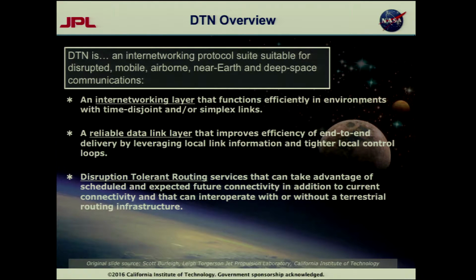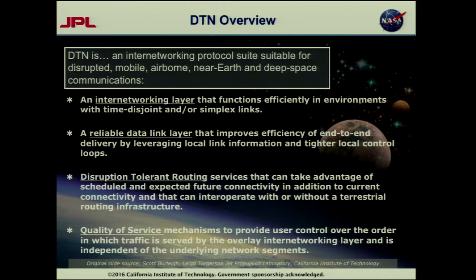And disruption-tolerant routing services that can take advantage of scheduled and expected future connectivity in addition to current connectivity and interoperate with or without terrestrial routing infrastructure. So quality of service mechanisms as well.